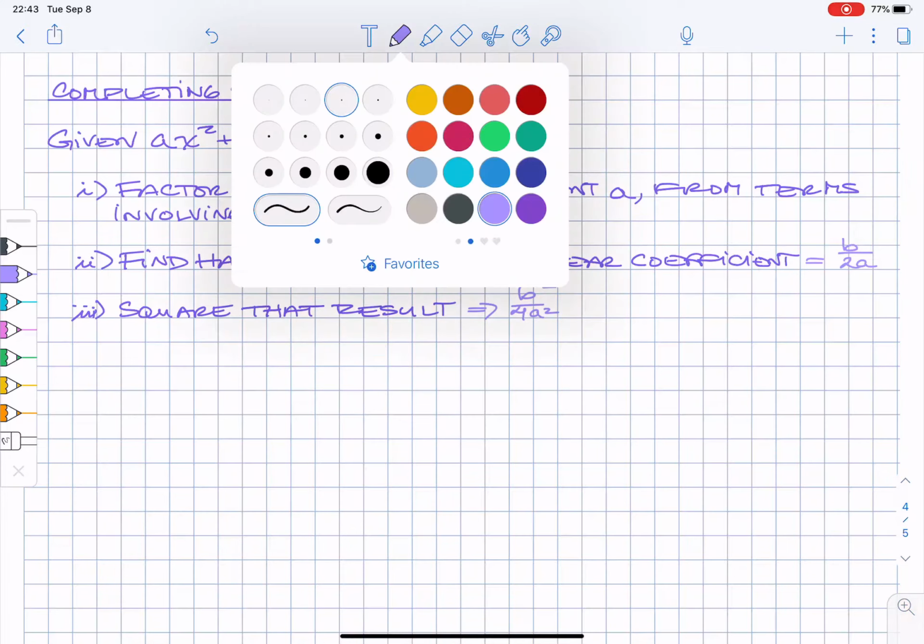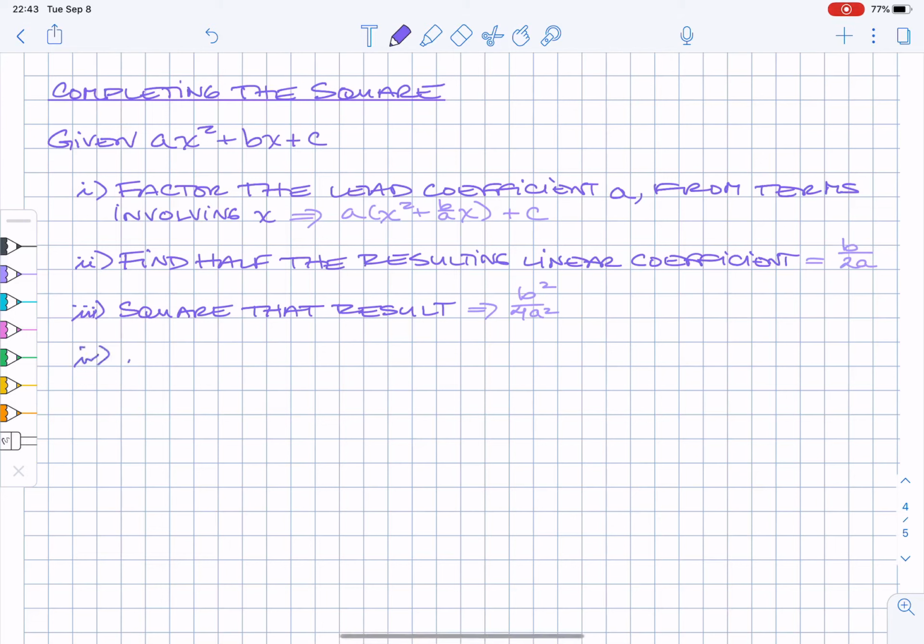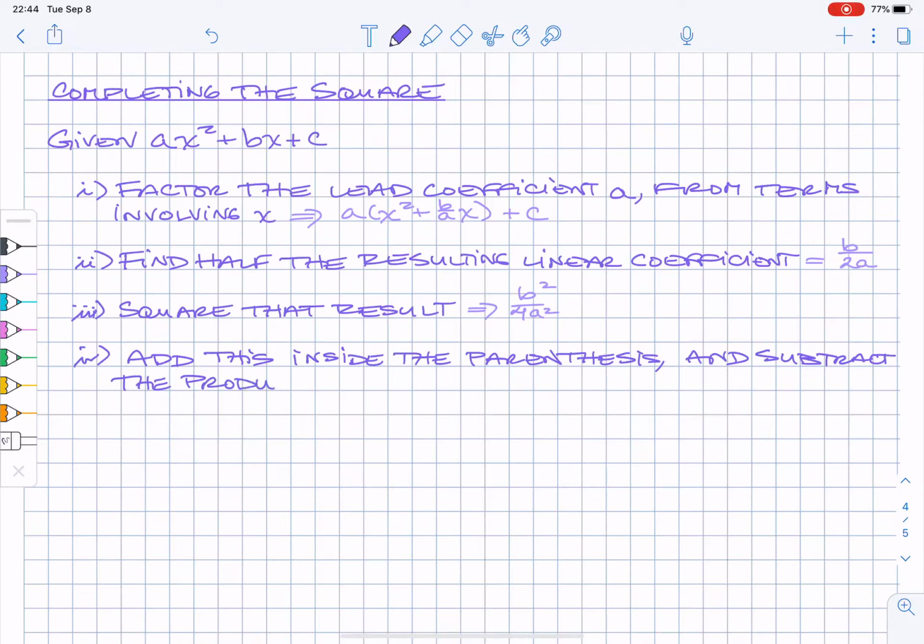Step 4. So add this inside the parentheses, and subtract the product of this and the lead coefficient on the outside.